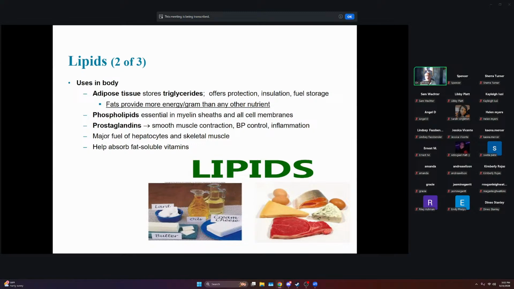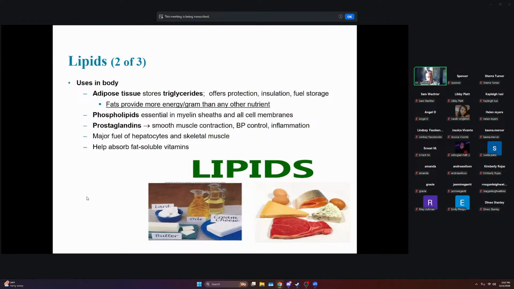But most of all, adipose tissue is a tremendous source of potential fuel storage, energy reserve, okay? Glycogen is stored glucose. It's burned very fast, though. Fats, and you can see this is underlined, so really important to understand.